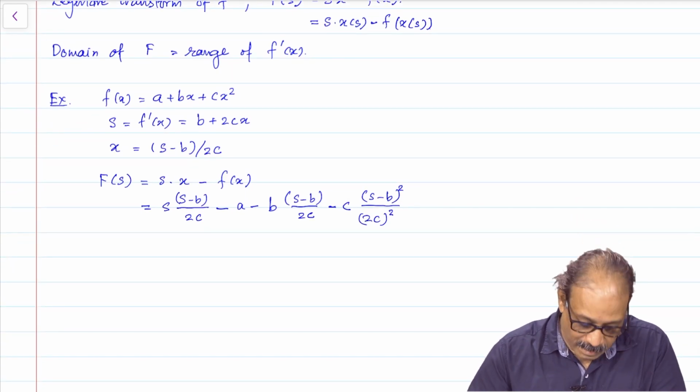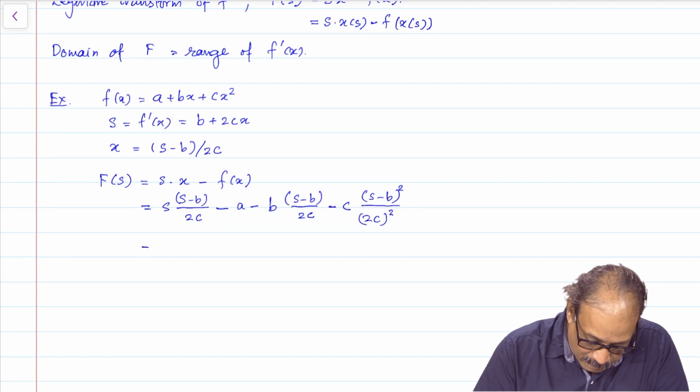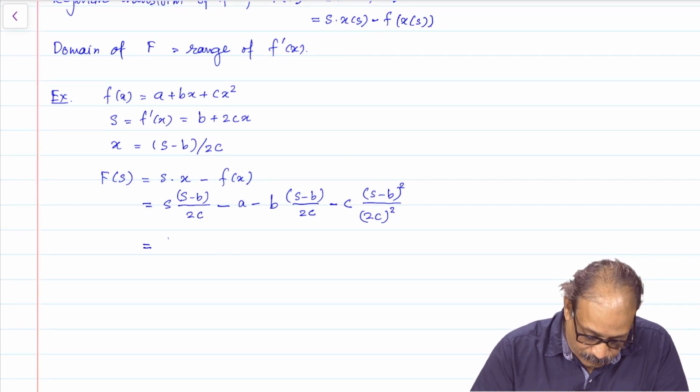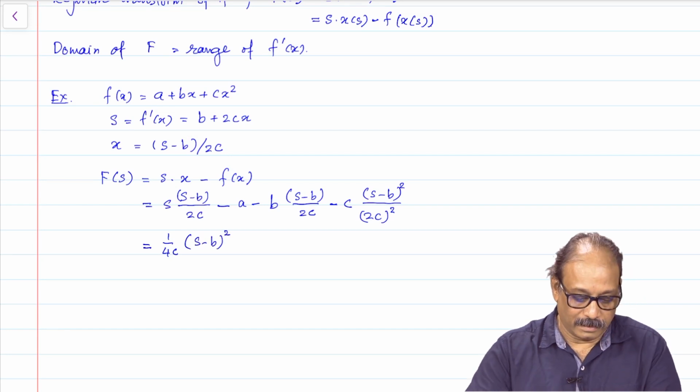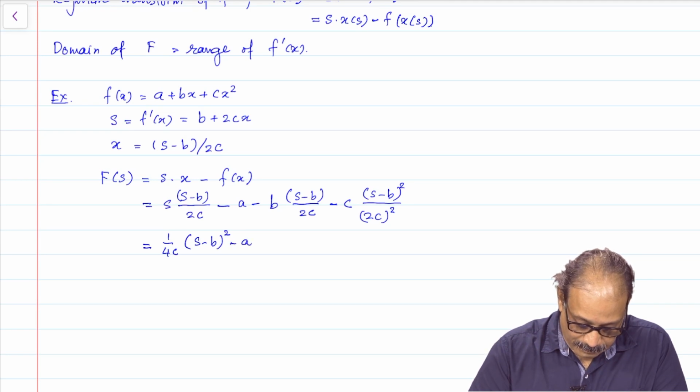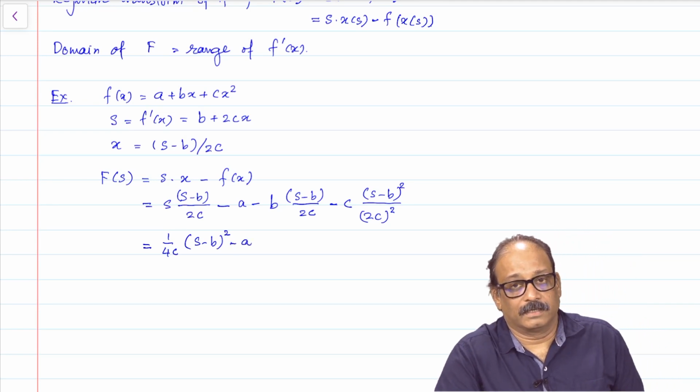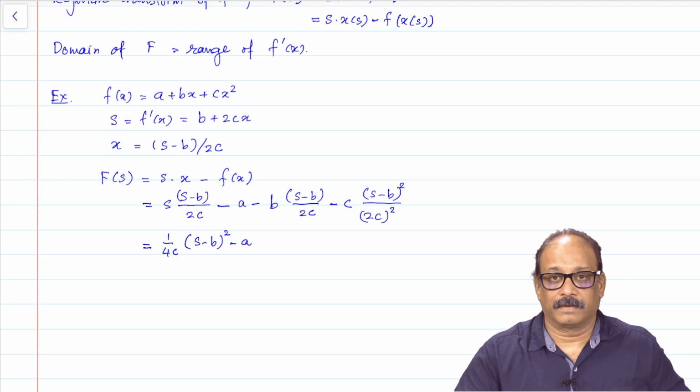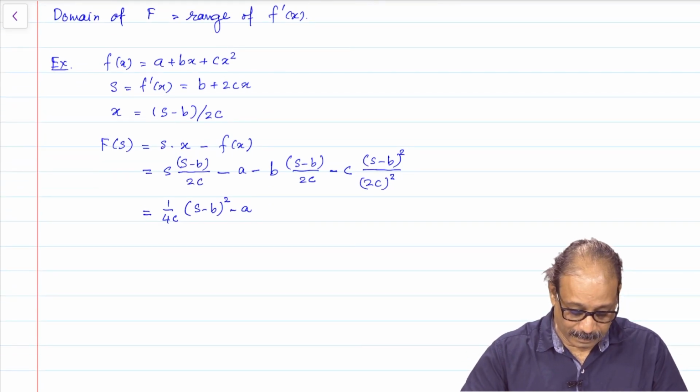Simplify this, and you get 1 over 4c times (s minus b) whole squared minus a. It's a quadratic term minus the linear minus the constant.